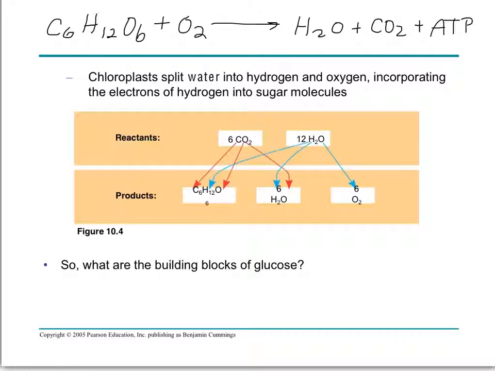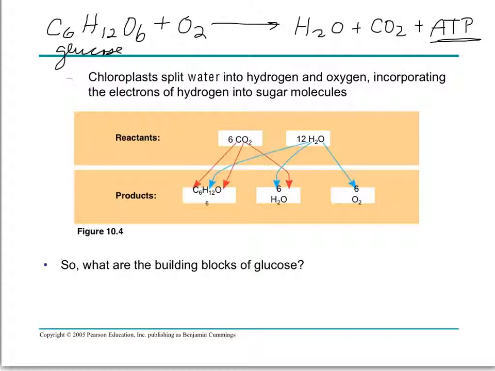Basically, the energy that's contained within the bonds of the glucose, as they are broken apart, remember energy is not created or destroyed, it's just changing its form, is now captured in the form of ATP.